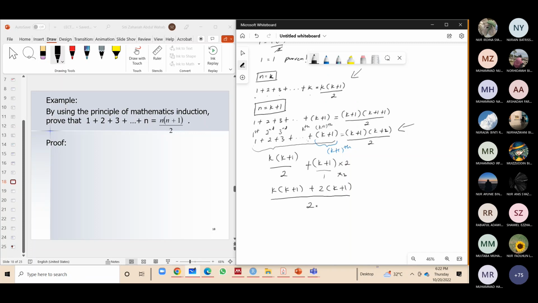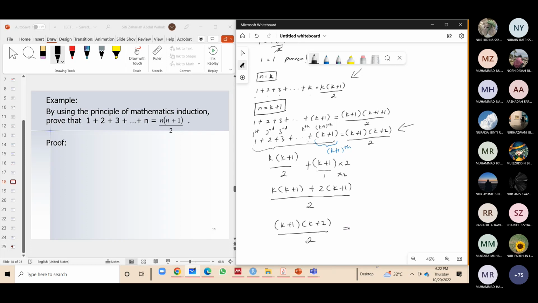Yes, madam. Right. So from this, if you look here, you can just factorize, no need to expand. Don't expand. You can expand if you want, but it will take time. So you just factorize, will get k plus 1, k plus 2 over 2.